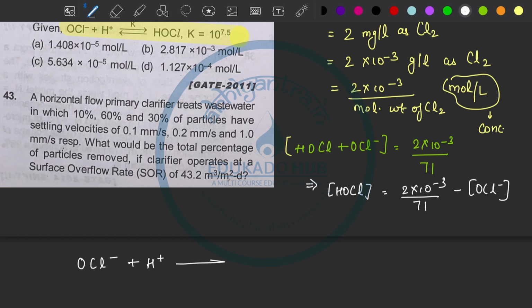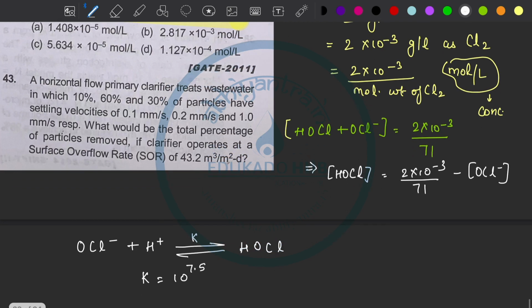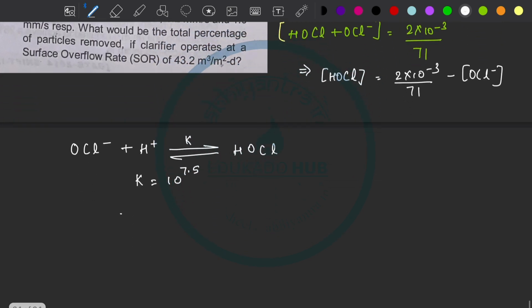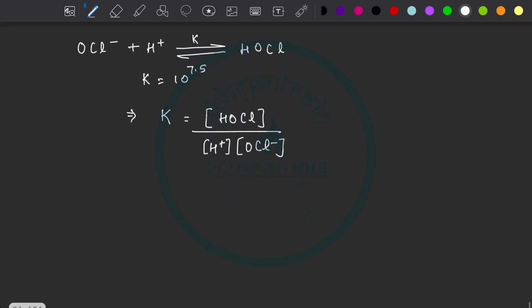And the reaction is given that OCl minus plus H plus ion will give us HOCl, where K is 10 to the power 7.5. That means K is equal to HOCl concentration divided by H plus ion concentration into OCl minus ion concentration. K value is 10 to the power 7.5.